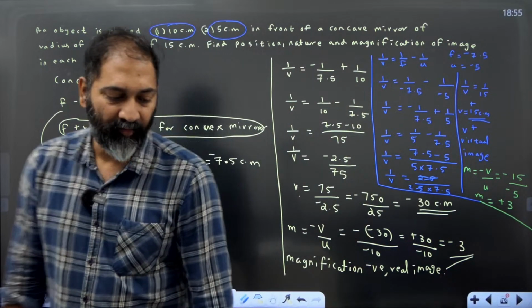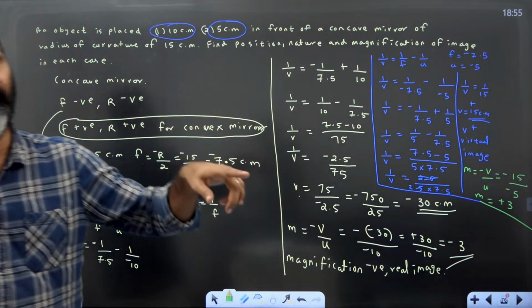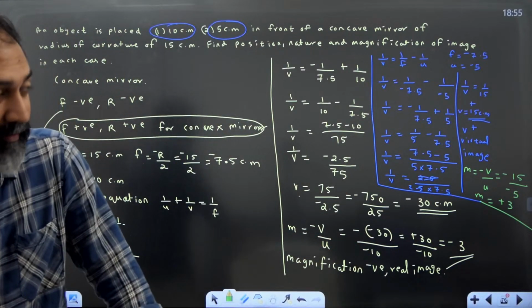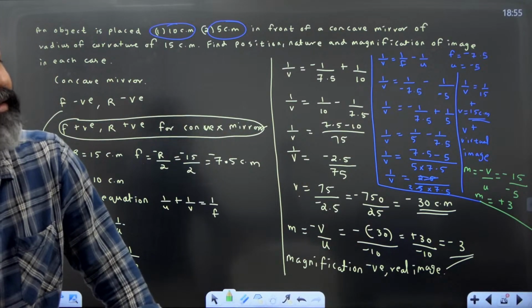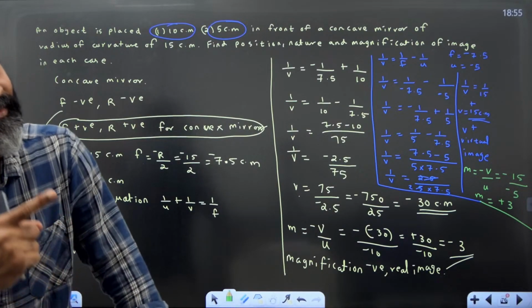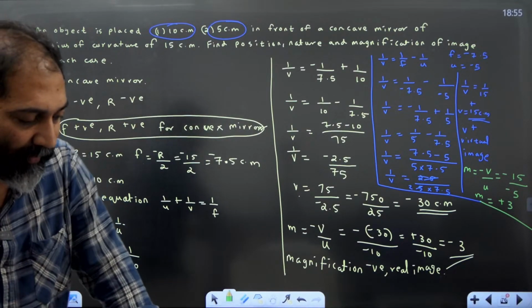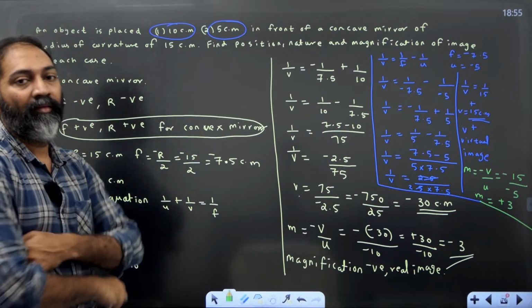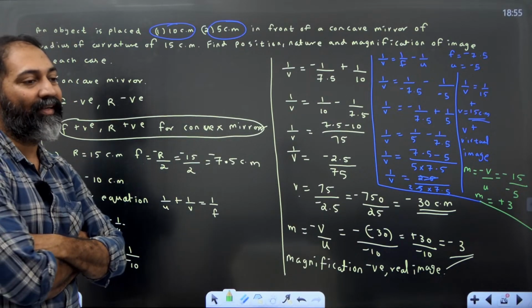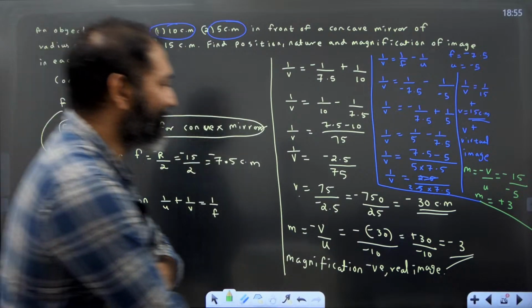Image distance negative, first case, real image. Image distance positive means virtual image. So magnification is also positive. So it is magnified, virtual and erect.